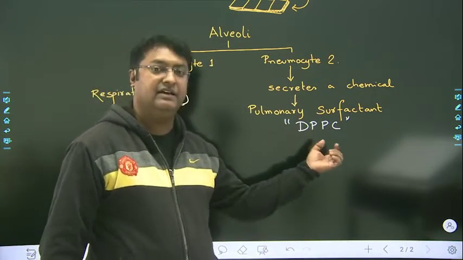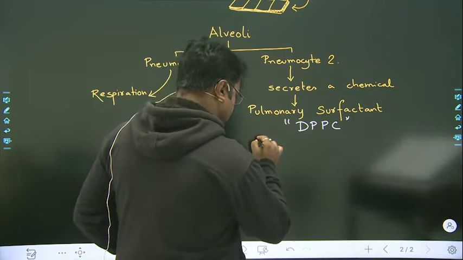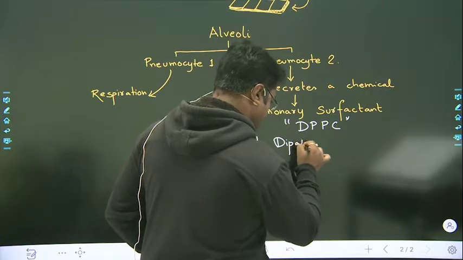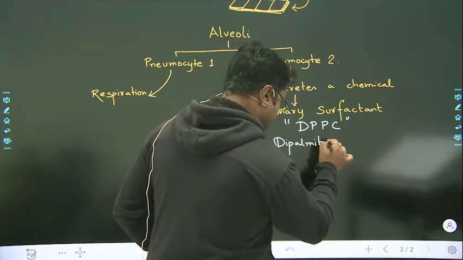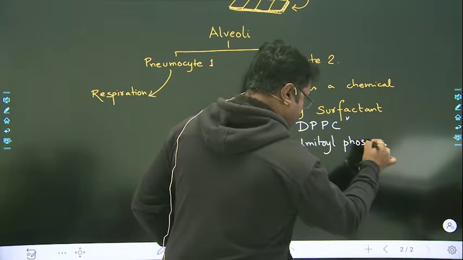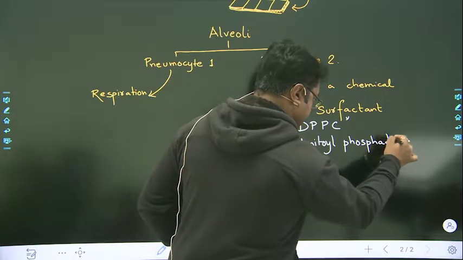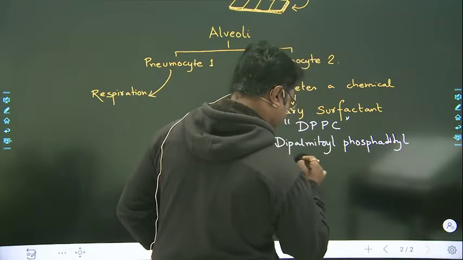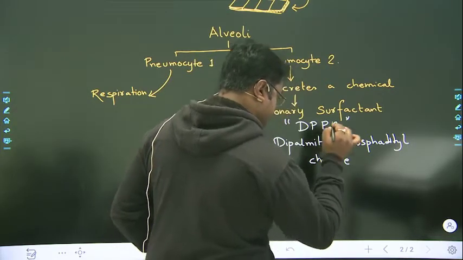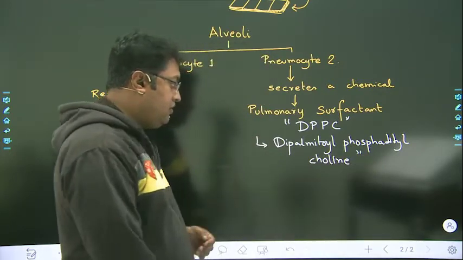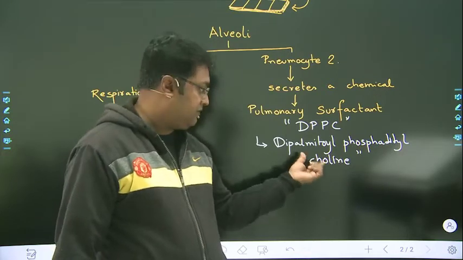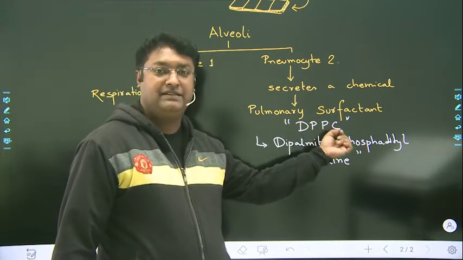In short form we say DPPC, and together the chemical name is dipalmitoyl phosphatidyl choline, which is shortly remembered as DPPC.